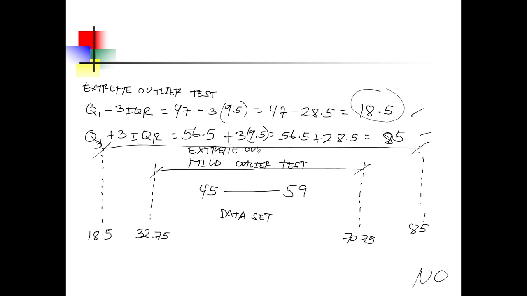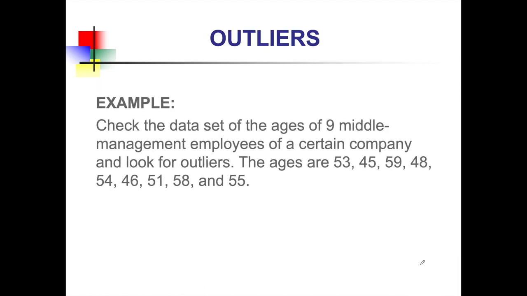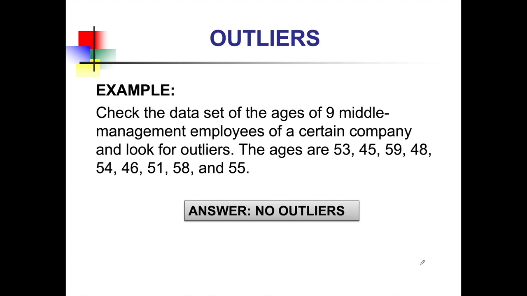So as you can see, the extreme outlier test again has a higher range. So meaning to say, since our data set is inside our range for the outlier test, there's no outlier for this data set. So the answer: no outliers. I hope you get the idea, guys.